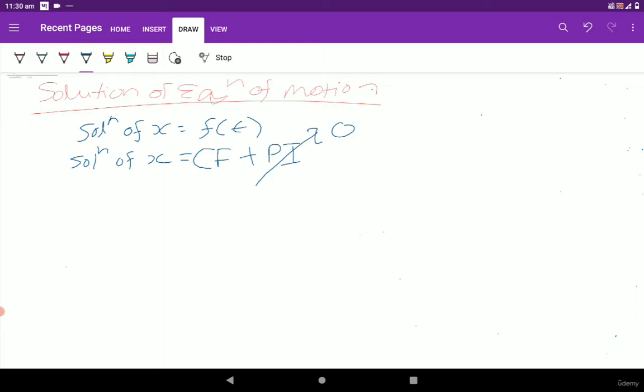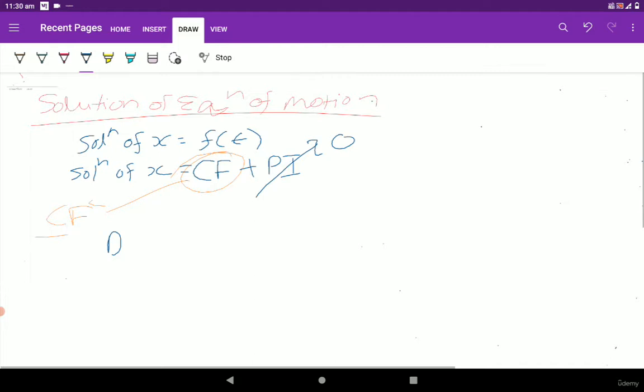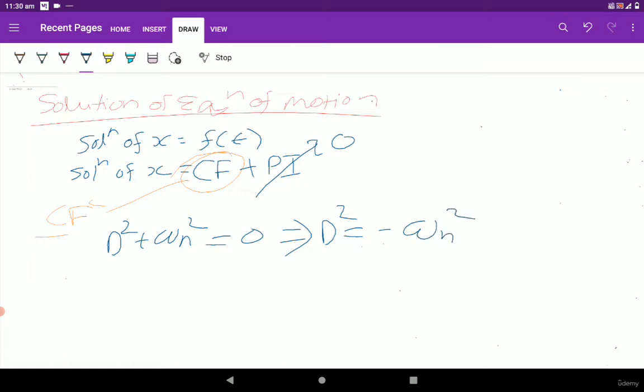So our main objective is to find the complementary function. Let's solve: D square plus omega n square is equal to 0, so D square is equal to minus omega n square, and after solving we get D equal to plus minus i omega n.